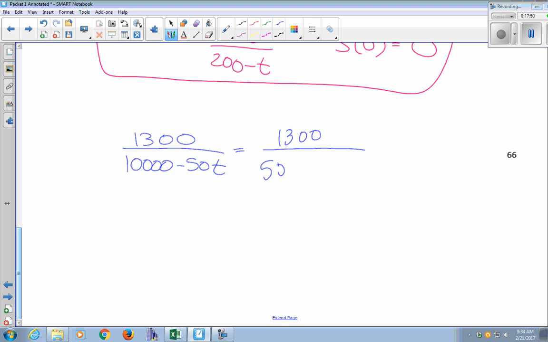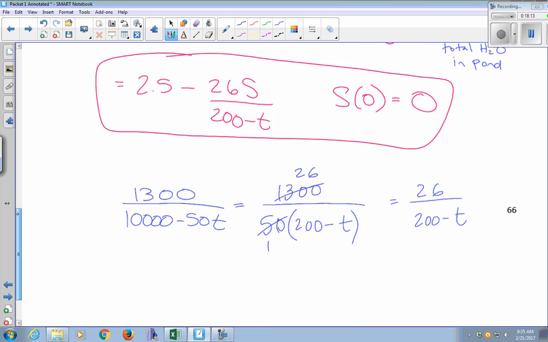So I have 50 times 200 minus T. And then I reduced. I said, okay, well, 50 goes into 1,350 once and 1,326 times. Algebra. Yeah, it's just algebra. You probably all thought I did something fancy, but.